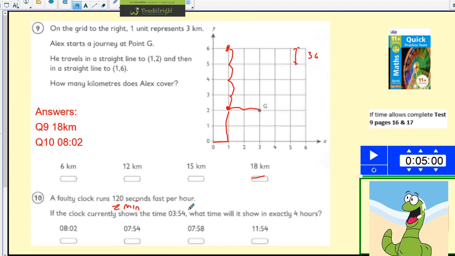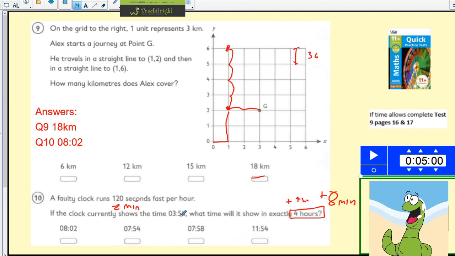So if the clock currently shows 3:54, what will it show in 4 hours? Well, in 4 hours, it's going to show the plus 4 hours. So we've got to work out what that will look like. But also, it's doing an extra 2 minutes per hour. So we need to add on 4 hours, and we need to add on 4 lots of 2 minutes. So 8 minutes. So my clock will show 4 hours more and 8 minutes more.